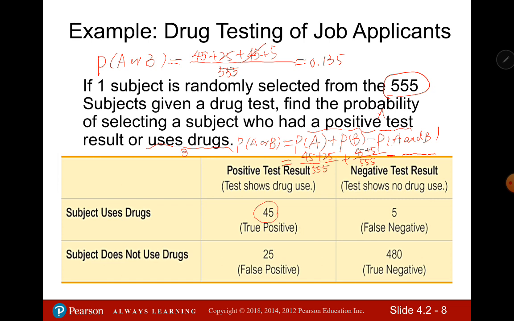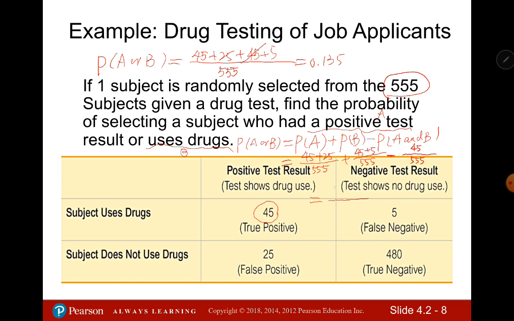So it's the 45 people who got a positive result and use drugs. That's the true positive. So 45 people divided by the total number. So if you combine them, finally you will get the same answer.